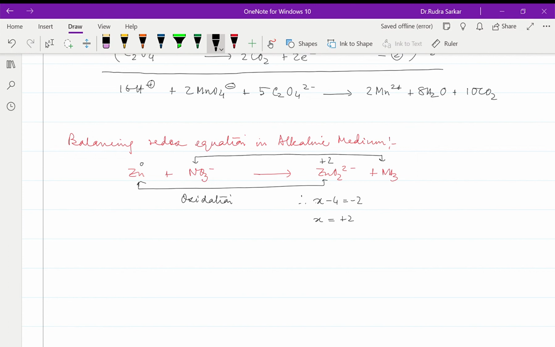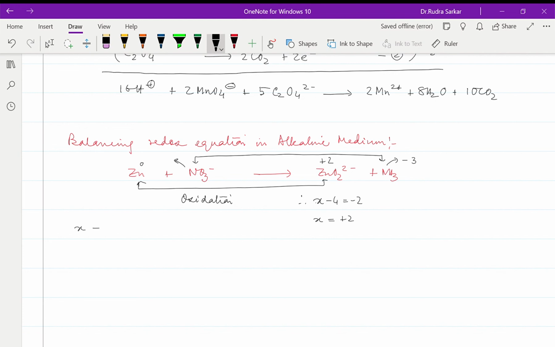What about from here to here? Hydrogen we know is always positive. So if this is X, then we will say plus 3 and 0. So obviously we will say for ammonia the oxidation state of nitrogen is minus 3. And for this one, we are doing it over here separately.